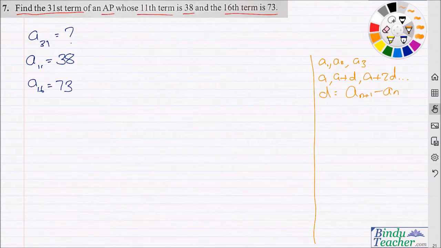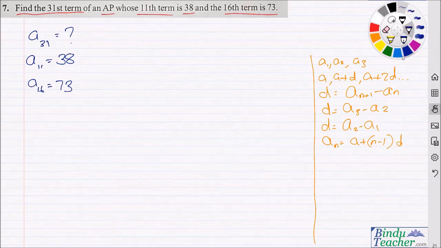In other words, d equals a3 minus a2, and this should also be equal to a2 minus a1. We also have another formula to find an nth term. To calculate a of n, we write a plus n minus 1 into d. So let's use all these formulas to see if we can solve it.